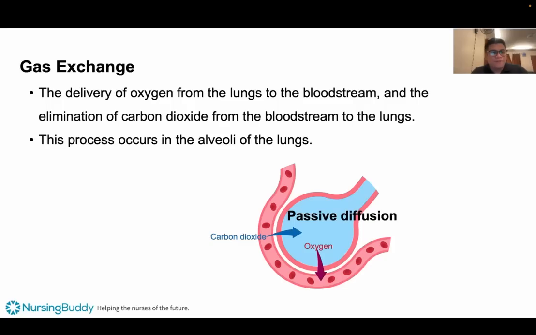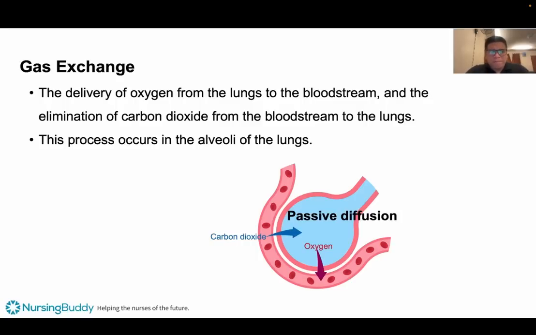Okay, so earlier we mentioned that we have these two very important gases in our body, carbon dioxide and oxygen, and they are involved in one single process, which we call gas exchange. So gas exchange is the delivery of oxygen from the lungs to the bloodstream, and the elimination of carbon dioxide from the bloodstream to the lungs.